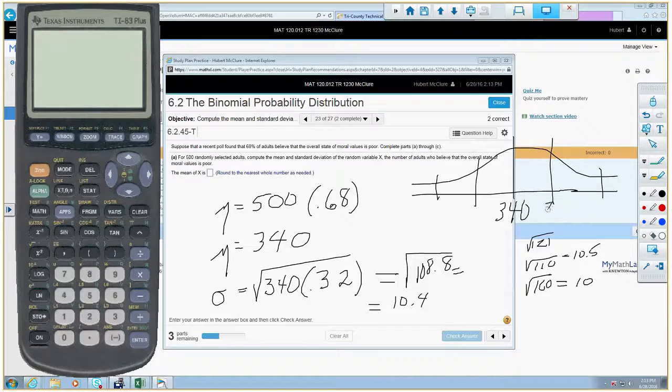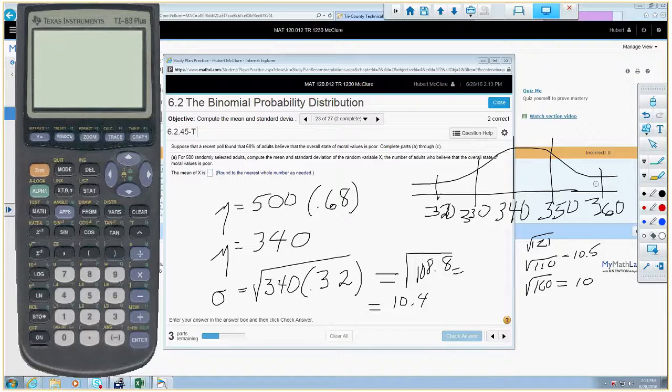So that'd be 350 and 360. And 340 minus 10 is 330, and 320. So what numbers are going to stick out to me as being normal?